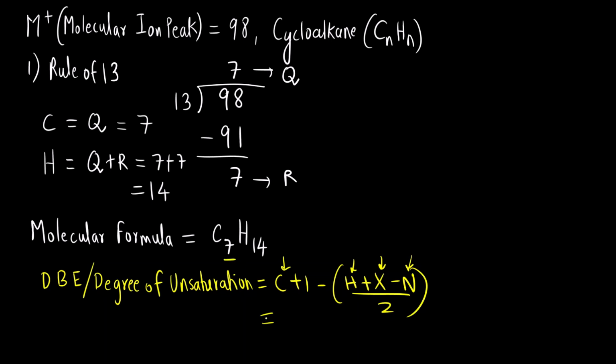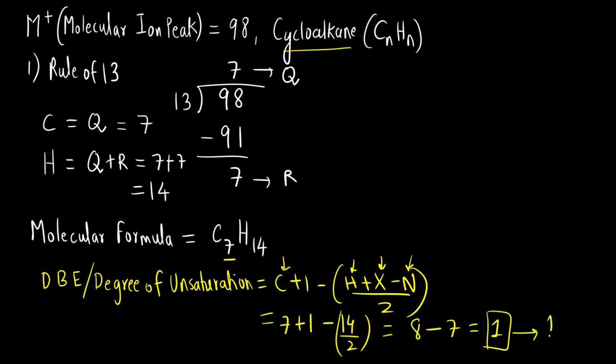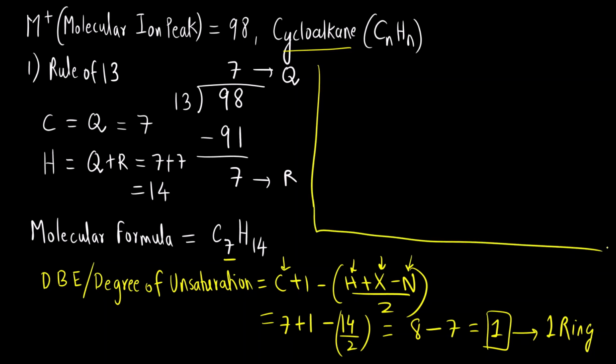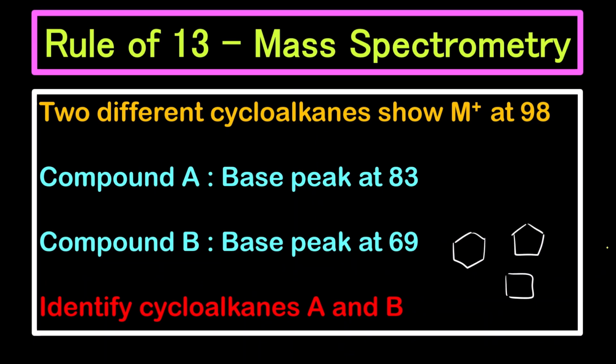Here, 7 plus 1 minus 14 divided by 2: 8 minus 7 is 1. It is given that it is a cycloalkane, so there is only one ring present in both the compounds.